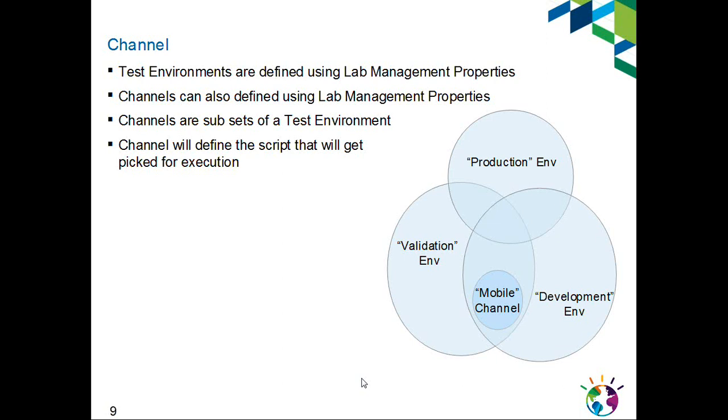The way we have done the setup now is that the mobile channel is defined only for the QA and the development environment, because we are not ready to roll the mobile app yet in production. So we need to make sure that the web and the mobile tests are run and the results are captured for the QA environment as well as the development environment.